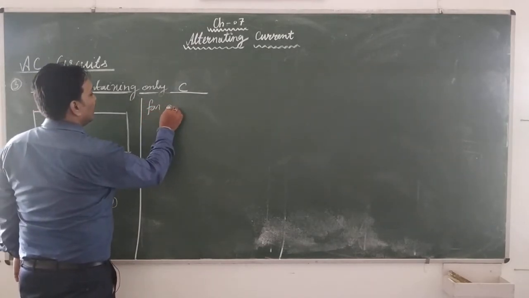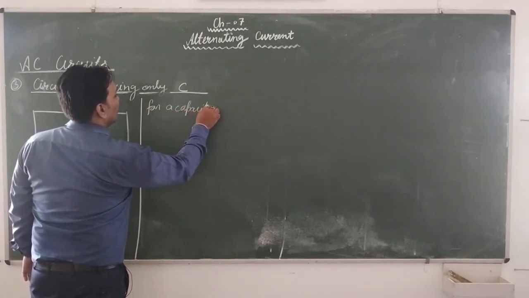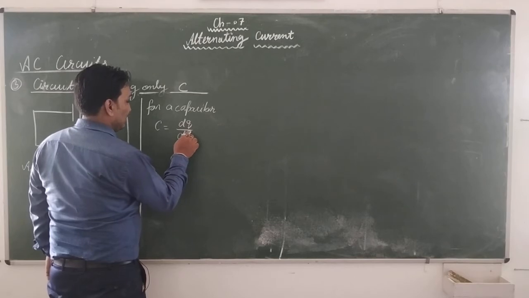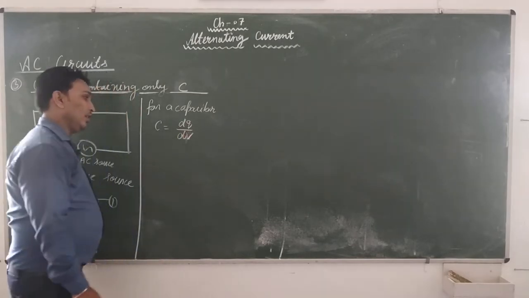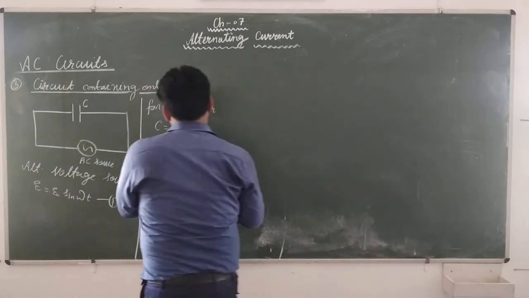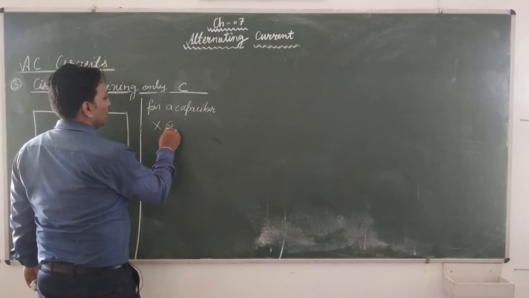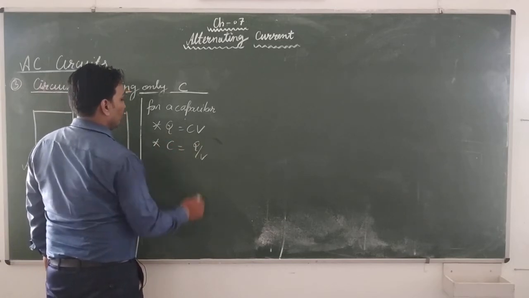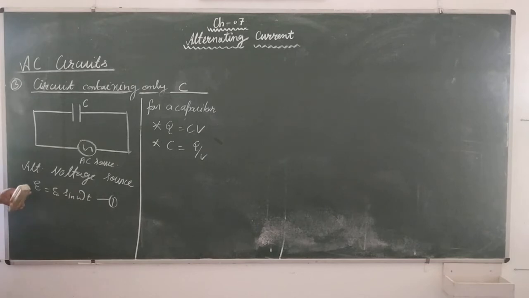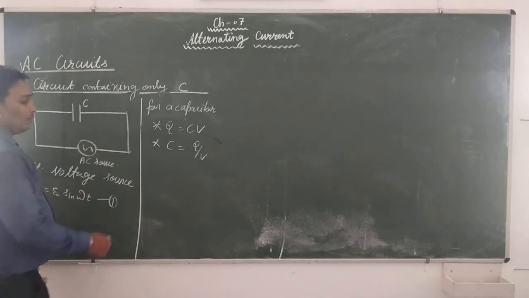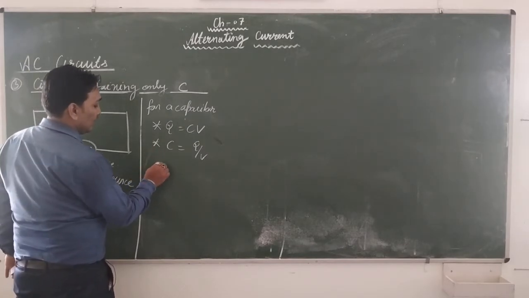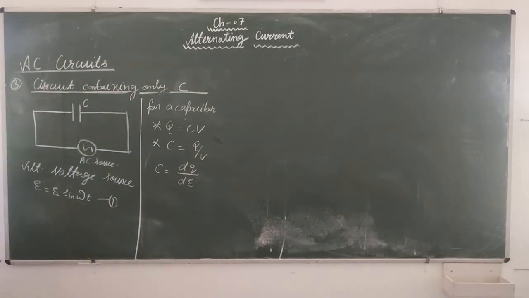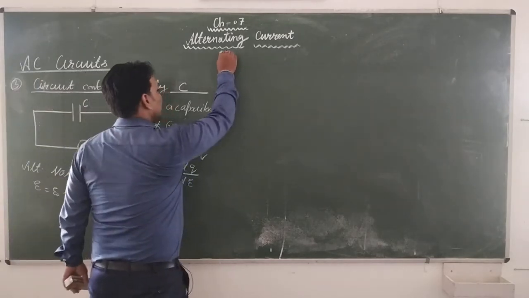For a capacitor, C is given by dq upon dt, or if you don't know this formula, you must know this one: C is equal to Q upon V. Since here the voltage is denoted by E and it keeps on varying very rapidly with time, for the capacitor we can write C is equal to dq upon dE, the change in E.